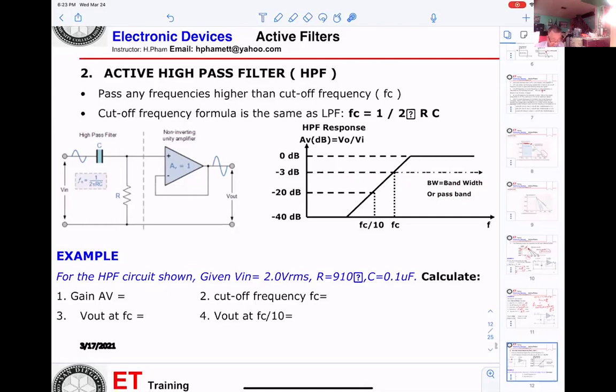For this circuitry, they give V in, and R is 910 ohm, C equals 0.1 microfarad. They want to know the gain of the circuitry. We already know, right? Gain equals 1. Cutoff frequency, you need to do the calculation and tell me what the value is.